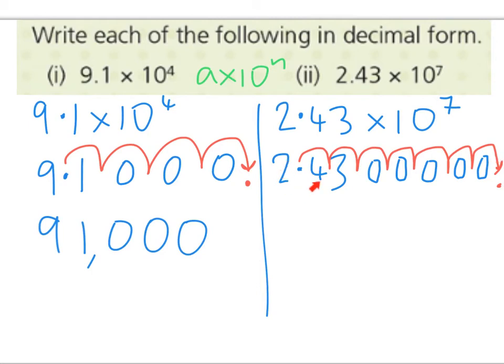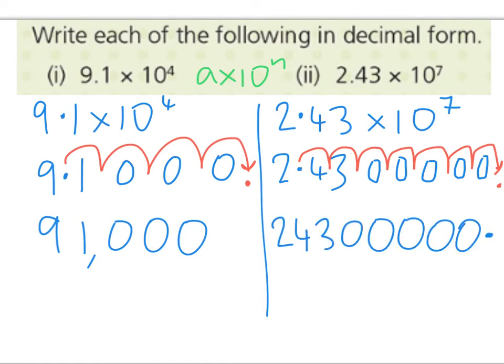So we have 2, 4, 3 and then 5 zeros. And we have our decimal now at the end. So remember, we moved that decimal right the way to the very, very end. So this number is 243 0, 0, 0, 0, 0. So that is 24,300,000. I've put in some commas in between.